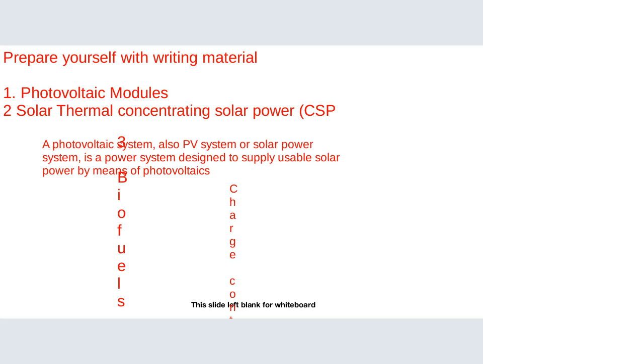A transformer is especially used when the output of your solar system is being upscaled and then powered to the national grid.